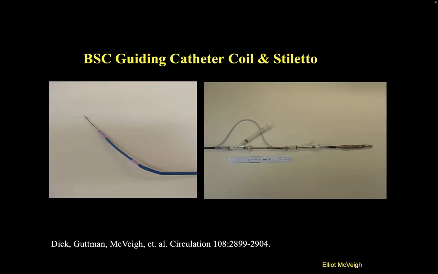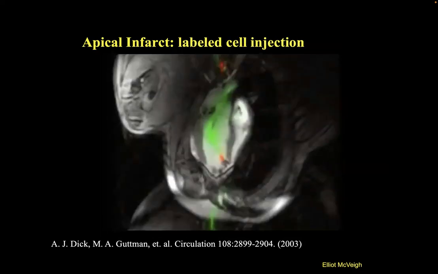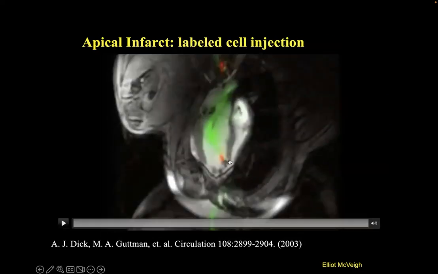They're going to crush the signal around them. So when you inject the stem cells, you get this picture, and this dark signal is precisely where the stem cells are after the injection, because they're all marked with these ferromagnetic particles. It's a pretty cool technology.